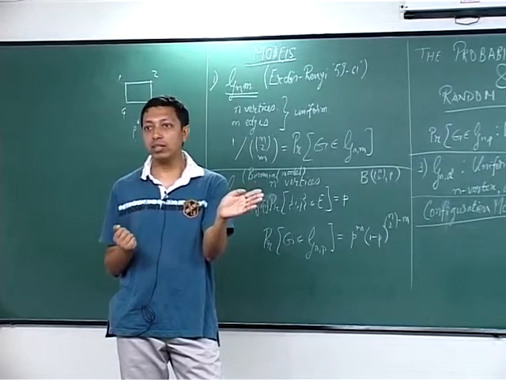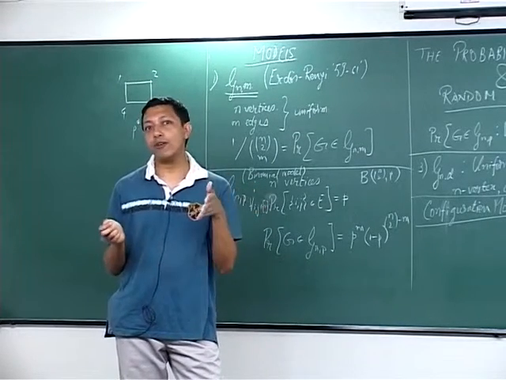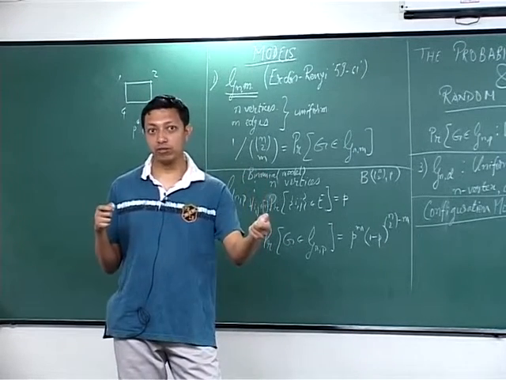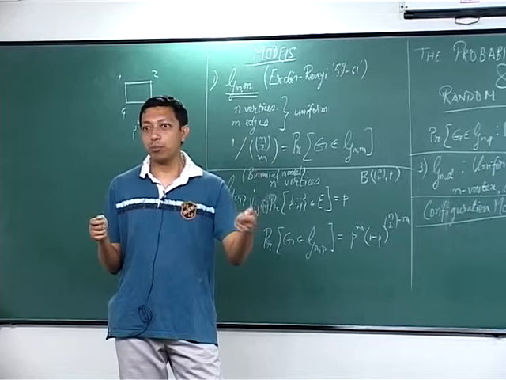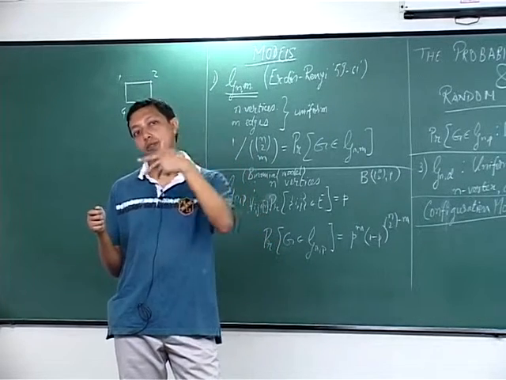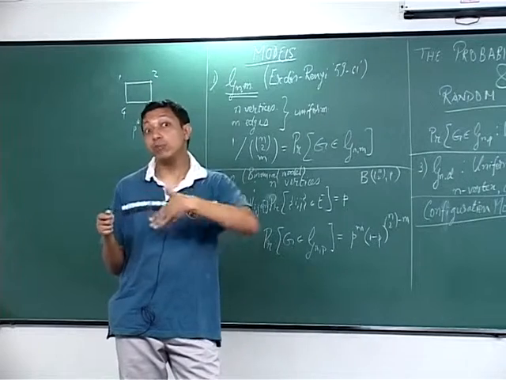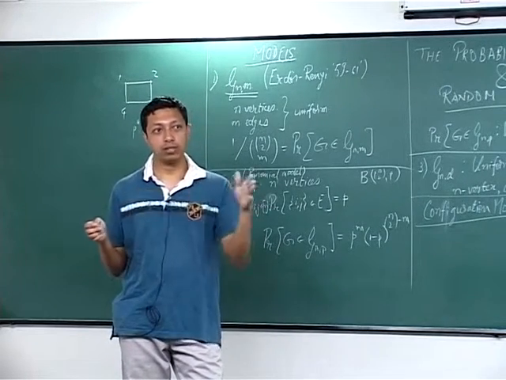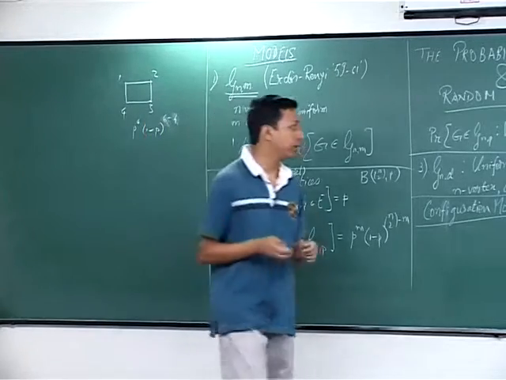But then these things are not independent, because for the first vertex you can do it, but for the other vertices you have to know how many neighbors it already has from the previous vertices. You see my point?